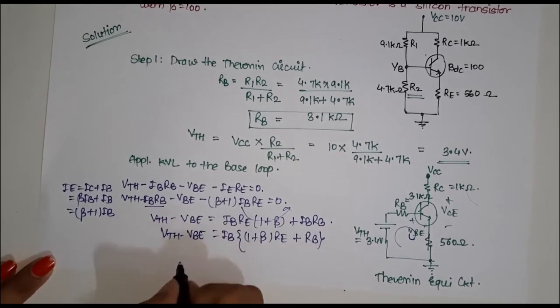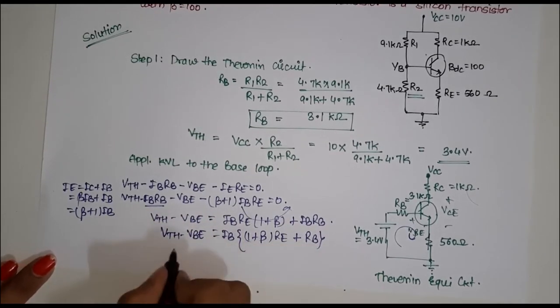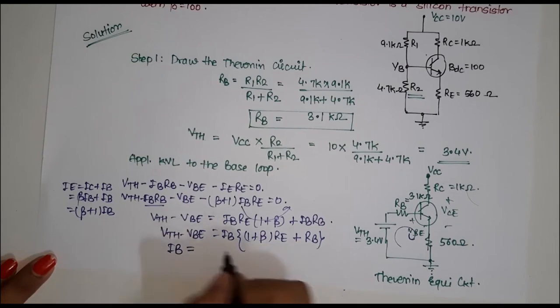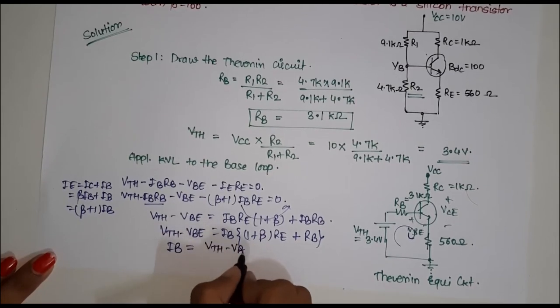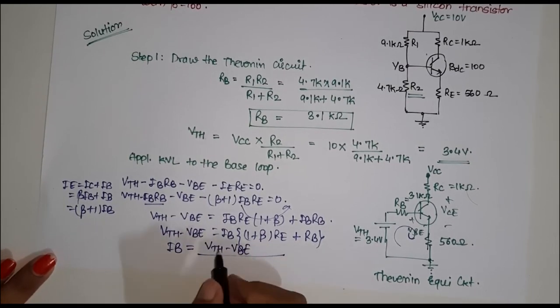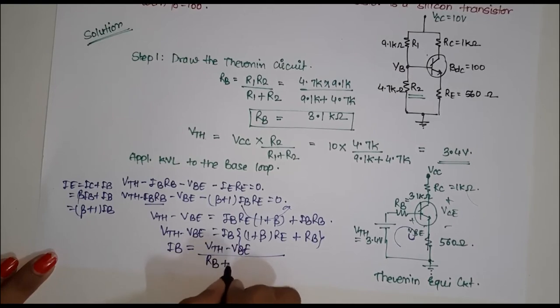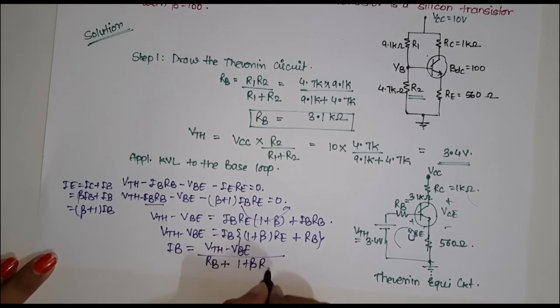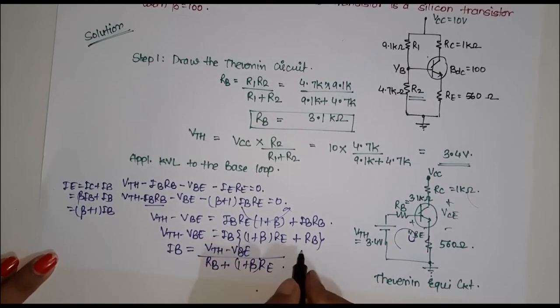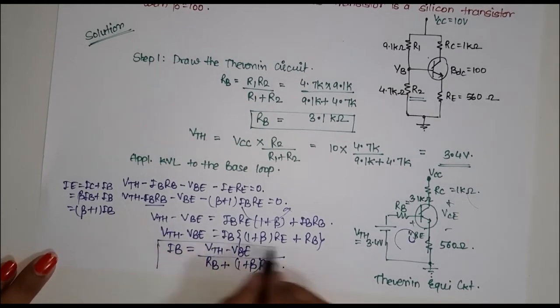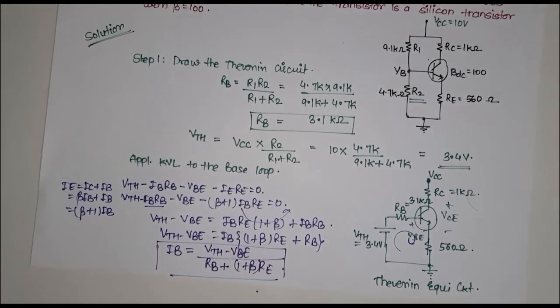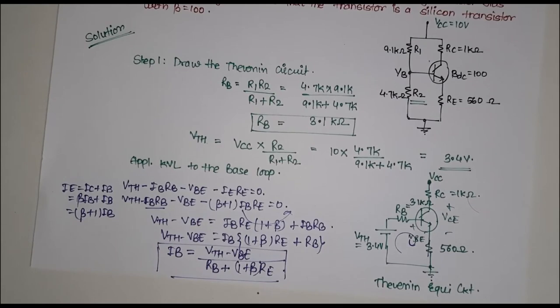Now we know the value of VTH, VBE and all these terms. IB is unknown. So IB will be what? VTH minus VBE upon RB plus 1 plus beta times RE. Okay, from this equation. So the value of IB is clear to us.